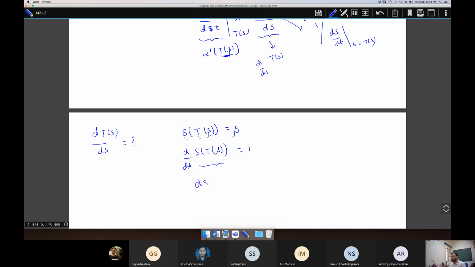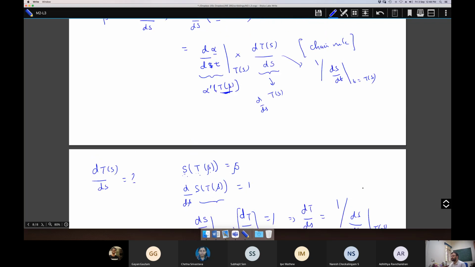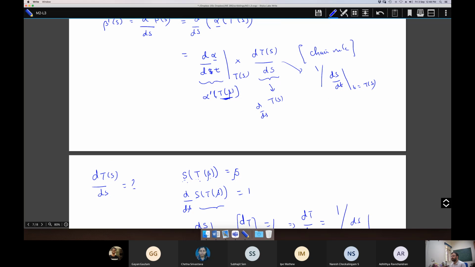Again by chain rule. I do ds by dt evaluated at T of S times dt by ds. This is equal to 1. This is exactly what I need. And so this tells me that dt by ds is just 1 over ds by dt evaluated at T of S. That's what we used here. Agreed?